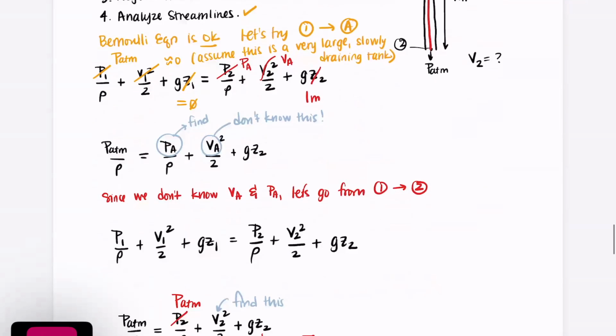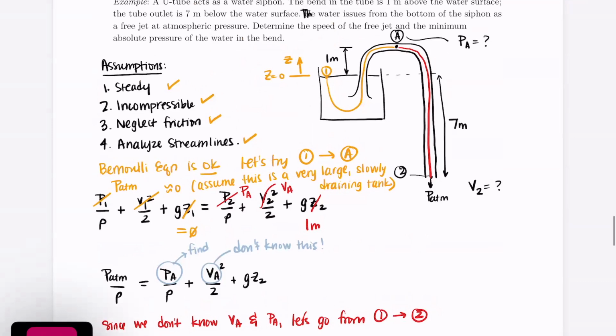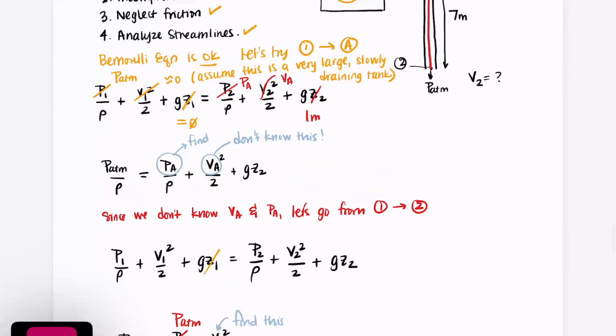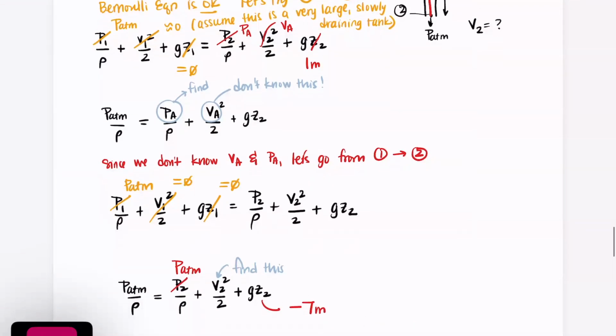At point 1, we still have all the same assumptions. The velocity at the top of that tank is approximately 0. We're exposed to atmospheric pressure, and we've set our Z coordinate to be 0 there as well. So this is equal to 0, this is equal to 0, and P1 is P atmosphere, just like before.